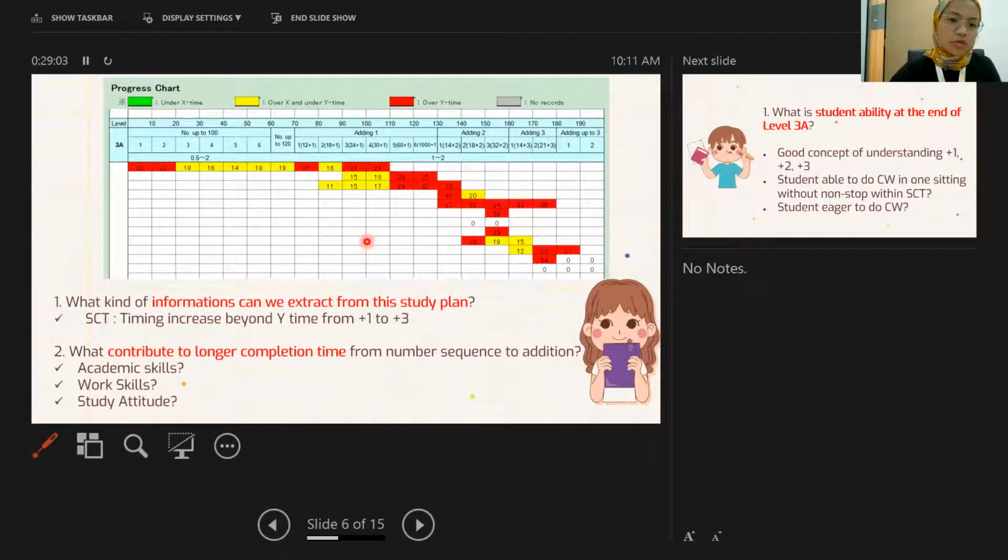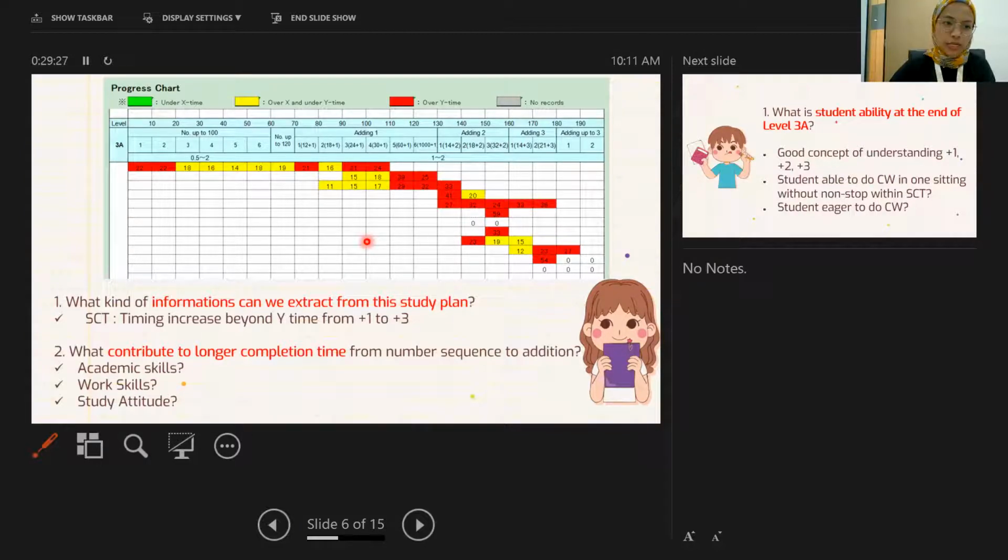How many minutes will the student do 191 in the next class? 17 to 18 minutes. Okay, so this is your image for the student.